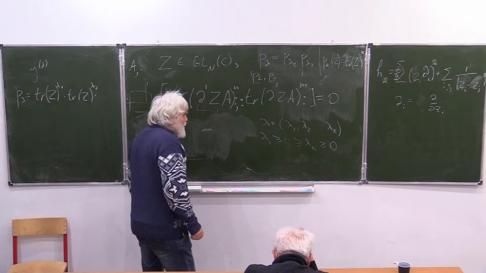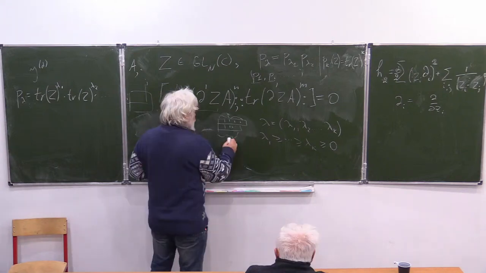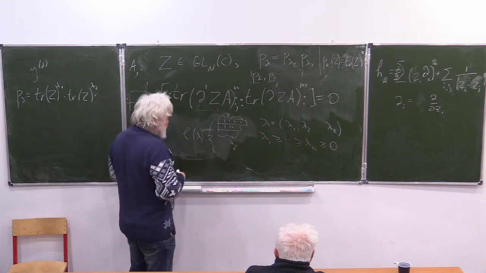People may be familiar with Young diagrams, a set of rows with numbers of nodes lambda 1, lambda 2, and so on. This is the length of the partition, and the area of this figure, the number of nodes, is the weight of the partition.